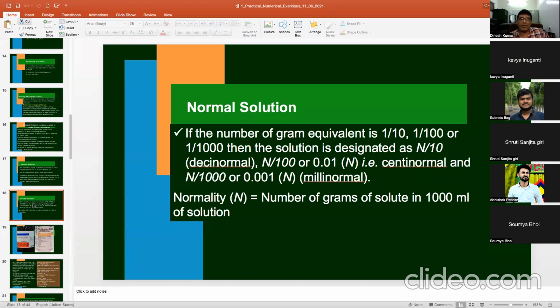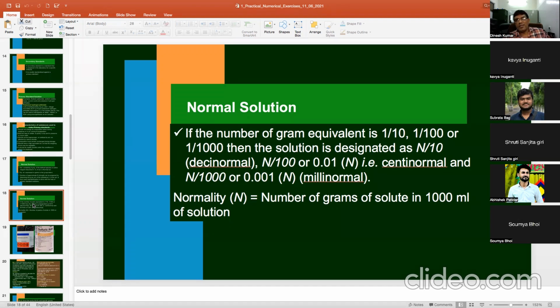That is exact. Suppose you take 2 times, 3 times or 4 times the gram equivalent weight and make a solution of 1 liter, then it will be 2 normal, 3 normal, or 4 normal. How many times the gram equivalent of solute is there in 1 liter of solution? That also tells the strength. So 1 normal solution is not fixed.